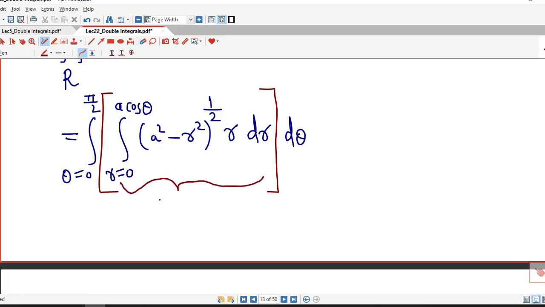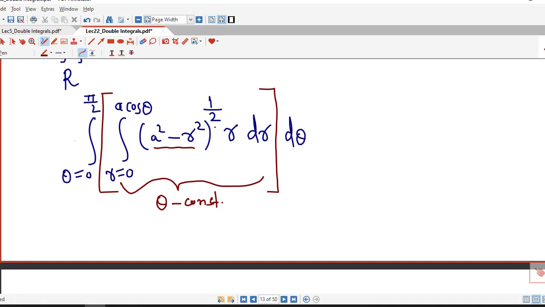So during this integral theta is constant. Now to integrate this we can see that the derivative of this function a square minus r square with respect to r is minus 2r. So we can set that derivative here.